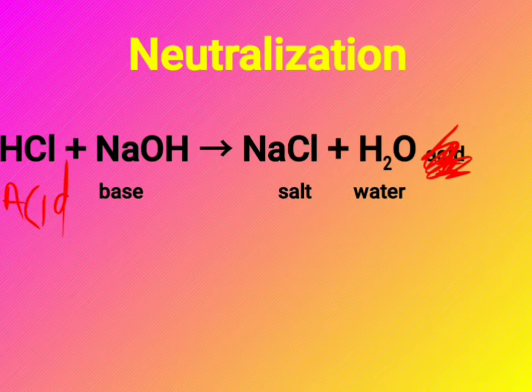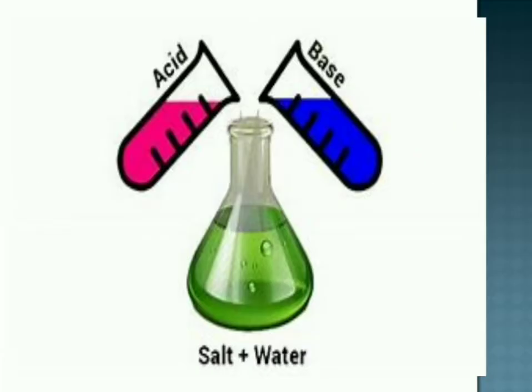So any acid and any base, when you mix together, it forms salt and water, and in this reaction heat is evolved. So you can mix any acid and any base and produce a salt. See here, acid and base together, what is formed here? Salt is formed in this reaction.